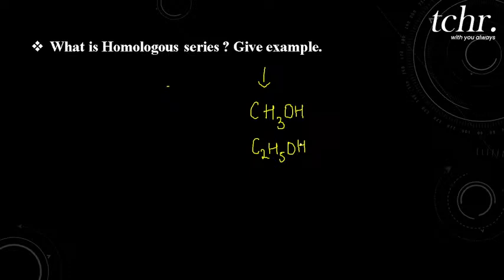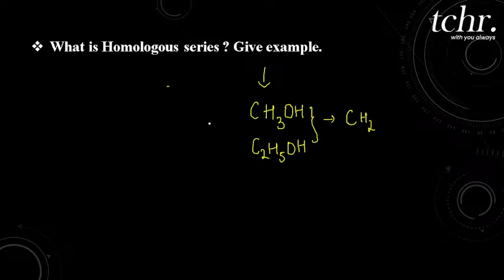If you see between methanol and ethanol, what is common, or what is the relationship, what is the difference you can find? Students, you can find that these two compounds differ by one carbon atom and two hydrogen atoms, that is, they differ by a CH2 unit, right?